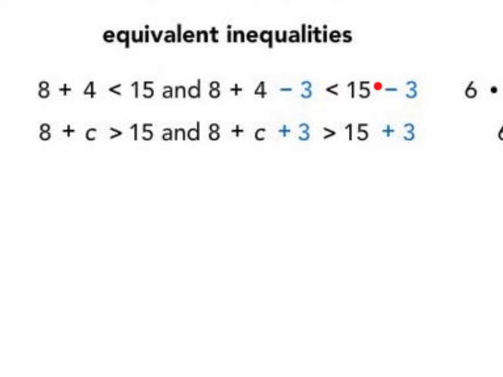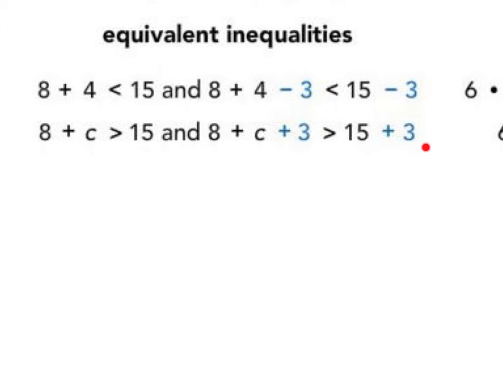As long as you had a true inequality to start with, and it is, because 8 plus 4 is 12 and 12 is less than 15, then when you do the exact same thing to both sides, it is still going to work. 8 plus 4 is 12, minus 3 is 9. 15 minus 3 is 12. Well, 9 is less than 12, so it still works.